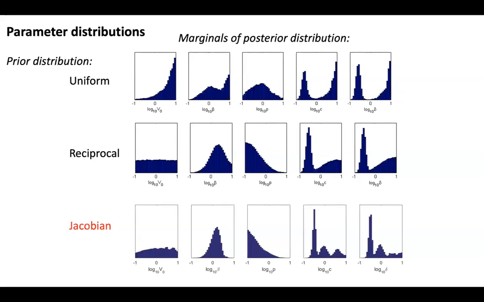So again, the logic is we pick a prior, we perform the Bayesian calculation to get a posterior, and then we plot marginals of the posterior on each of the possible parameters. And we see much more multimodality. And starting from the Jacobian, there's a complete change in V0 compared to uniform, and so on.